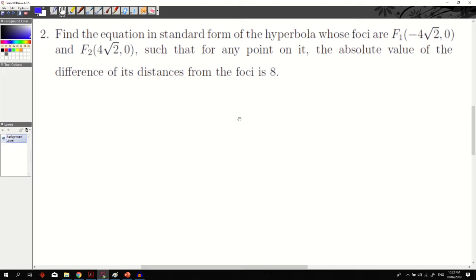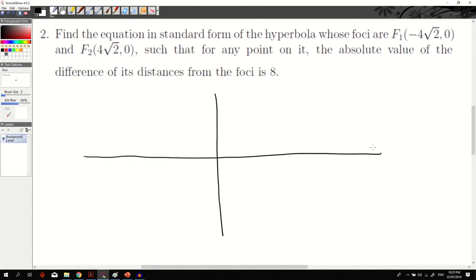First we will try to graph this. We have the x and the y axis, sorry for that.